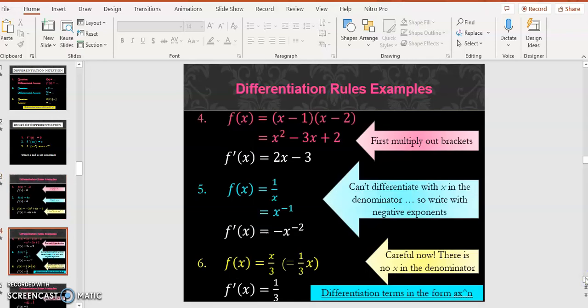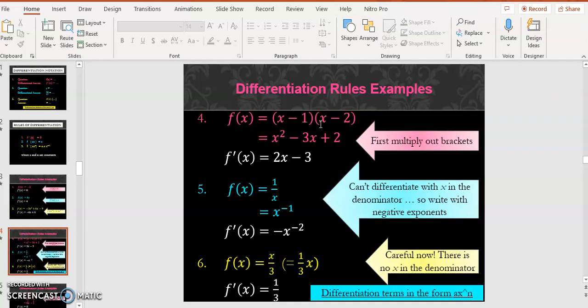Okay. Now differentiation rules, looking at the examples. If I have f of x is equal to x minus 1 times x minus 2, the first thing you need to do is to expand. So you have x times x, which is x squared, x times minus 2, which is minus 2x, negative 1 times x will give you negative x.